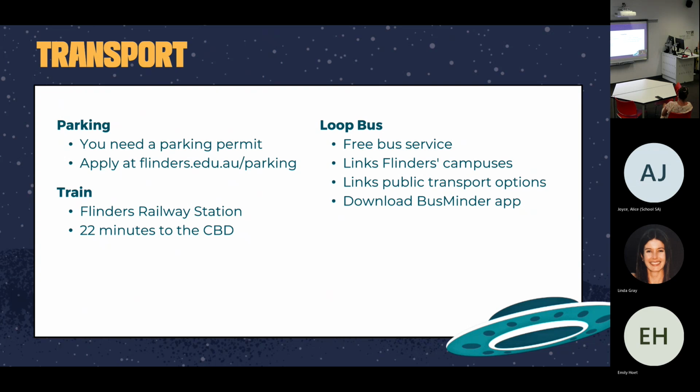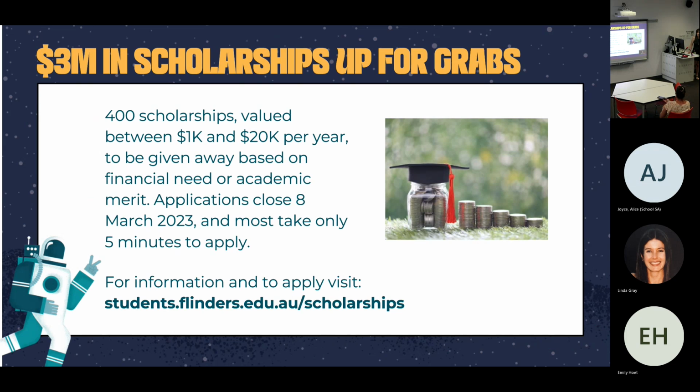It goes to Tonsley, it goes to Sturt campus, it goes down to the hospital. So there's multiple ways of getting here. But just so that you're aware, from next week you will need a parking permit, and they do give them out. Again, on your Okta, there's a Cello Park app, and you'll be able to register for free there.